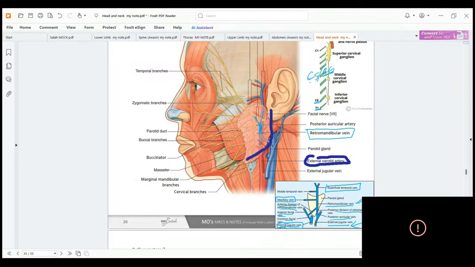Your question was whether the hypoglossal goes on top of the external carotid or below. This picture I found in the answer. This question may be asked in FRCS. This is a very high level question, my dear.